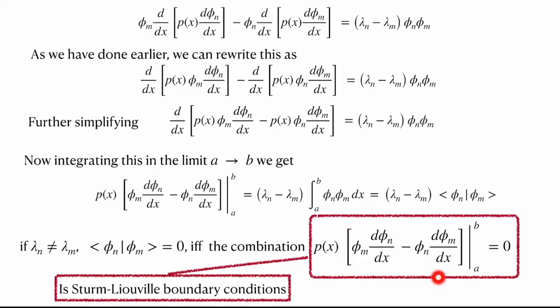Because this is a Wronskian of the functions phi m and phi n, if they are linearly independent, that is, if the Wronskian is not 0, then we know that this expression is constant, and when it is evaluated on the boundary, it becomes 0, and then we will have the Sturm-Liouville boundary condition automatically satisfied for the following expression, and we have the eigenfunctions to be orthogonal to each other.